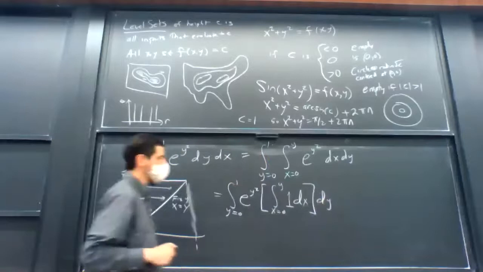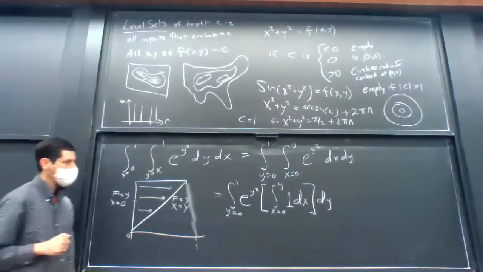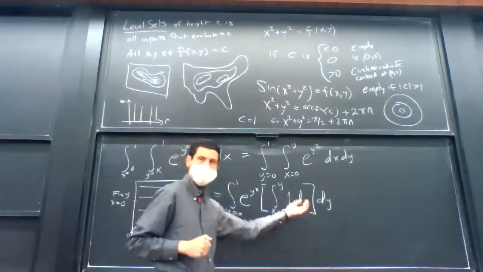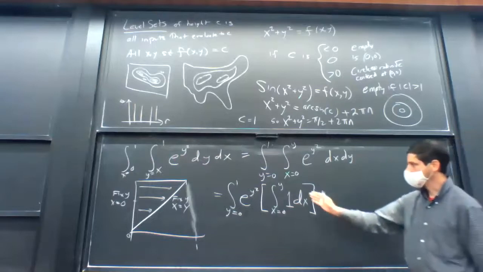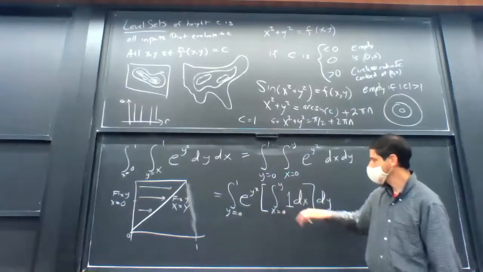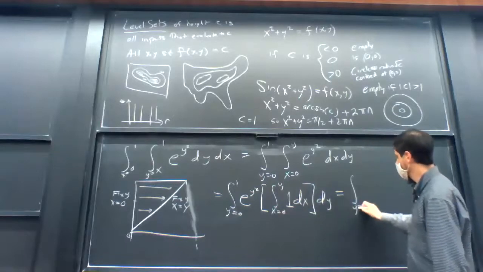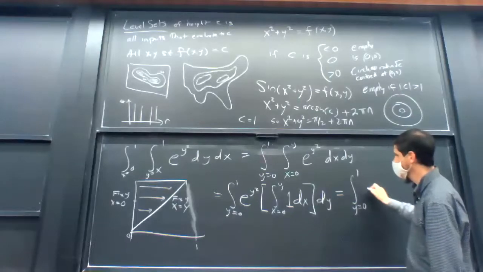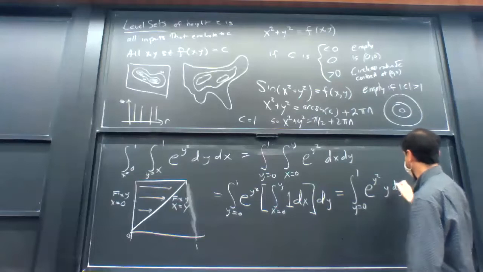I'm just trying to write it very slowly. What function has derivative 1 with respect to x? x. So when I integrate this, I have x, evaluated at y and 0. So what is the x integral equal to? It's just y. I have the integral y goes from 0 to 1 of e to the y squared y dy.